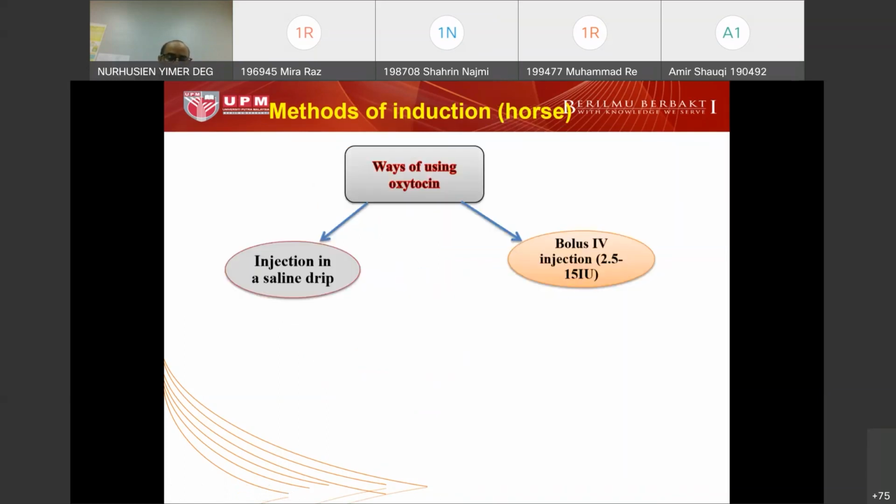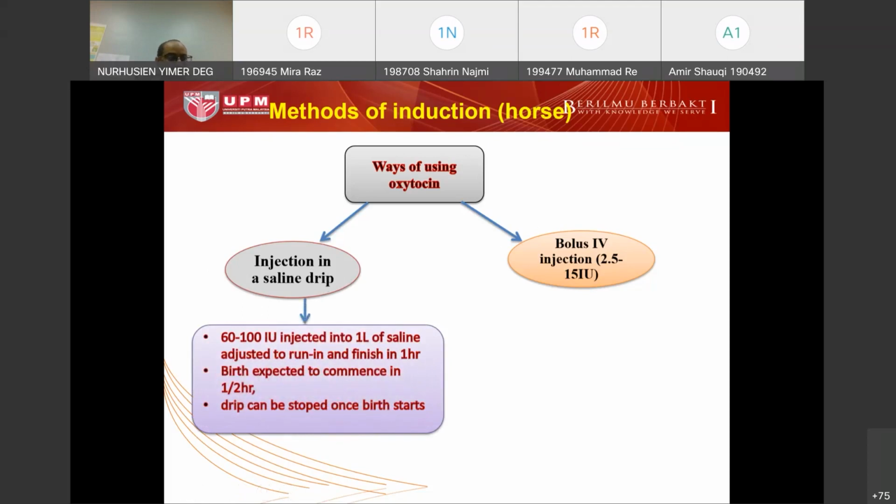How do we use oxytocin? There are two main methods by which you can deliver oxytocin to the animal. One is via injection, another is by IV drip, together with the saline. You can mix a maximum of 100 international units of oxytocin in a liter of saline solution, and then run this with the IV drip to finish within an hour.